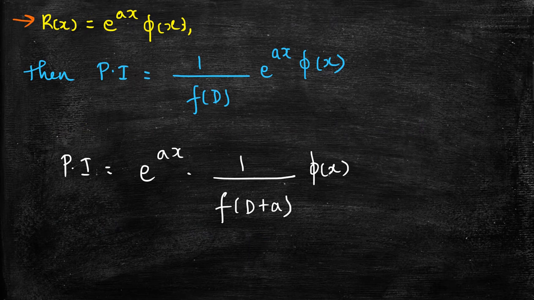So the last case here is if r of x is the exponent term into a polynomial, then your particular integral will be 1 by f of d, e power ax phi of x. Here what you have to do is, you will have this d term as it is, and the next step is you're going to replace all the d by d plus a, and bring this e power ax in the front, because when you expand this f of d plus a term in series, you'll have to differentiate with respect to phi of x.